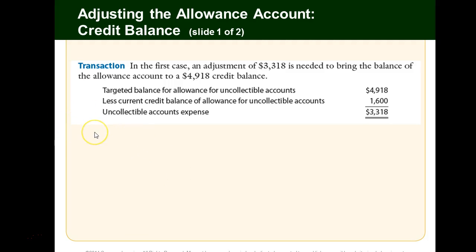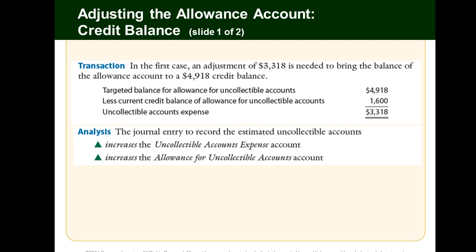So in that first scenario, where they're telling us there's a credit balance of $1,600, but we want the balance to be $4,918, we need to make an adjustment of $3,318 so we can bring the balance in the allowance account up to $4,918.